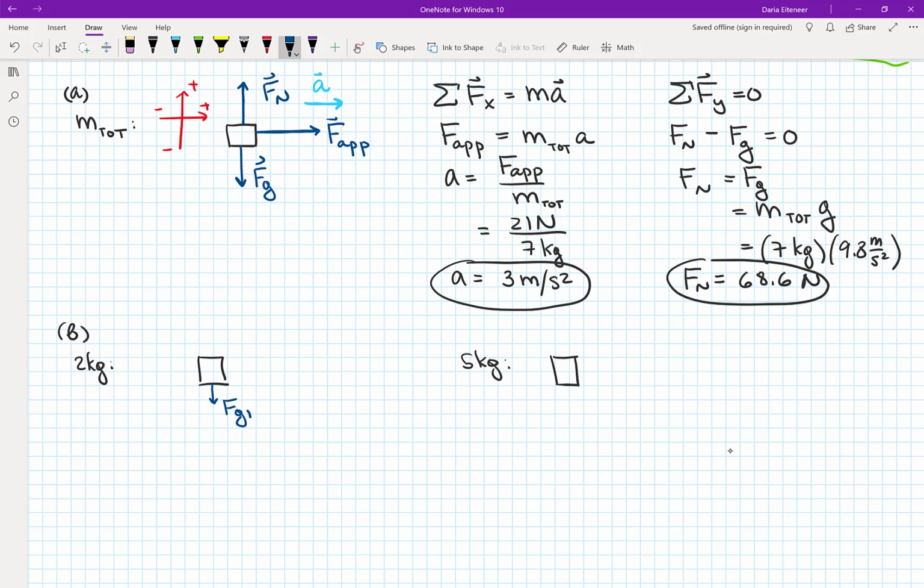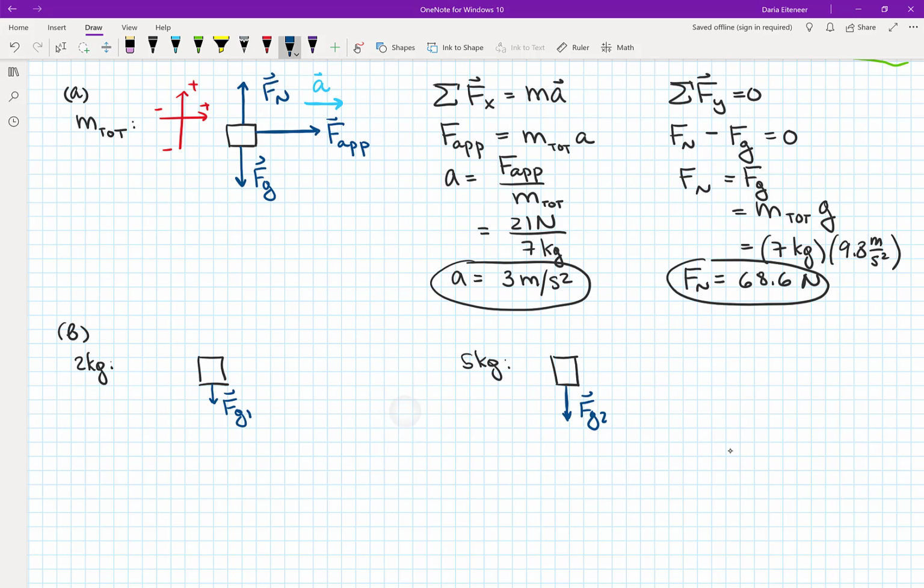And I can kind of work them simultaneously. There is obviously also force of gravity for the bigger mass, Fg2. See how I'm scaling them to each other, right? The 2 kilogram mass obviously has a smaller mass, so it's going to experience a smaller force of gravity. And the 5 kilogram mass is going to experience a larger force of gravity.